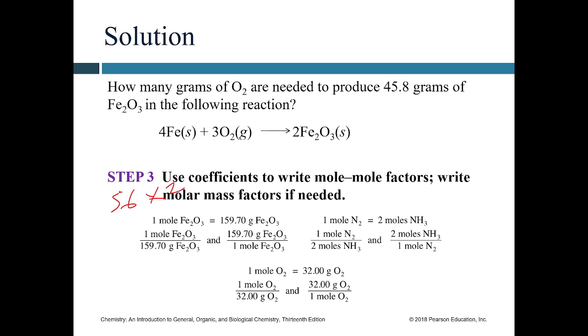And then I add oxygens, which are 16 times 3, right? That'll give me my molar mass of the Fe2O3 all together, which is 159.7. So this right here is my molar mass of the Fe2O3.